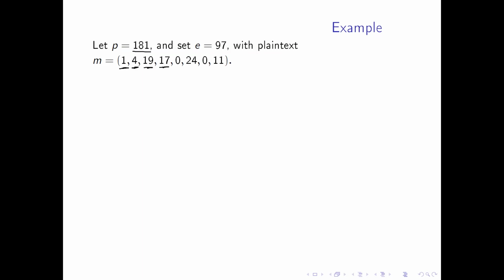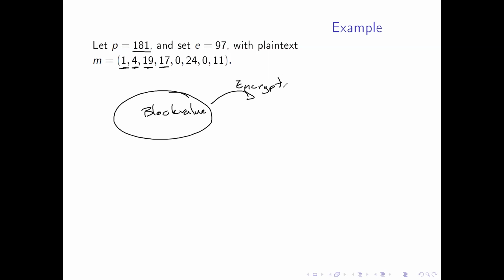Real quickly, as a note from last week, just to illustrate, let's say here's all my possible block values. I'm going to do some kind of encryption. My encryption is going to take it over to some new space. It's going to do some kind of math and send it over here.